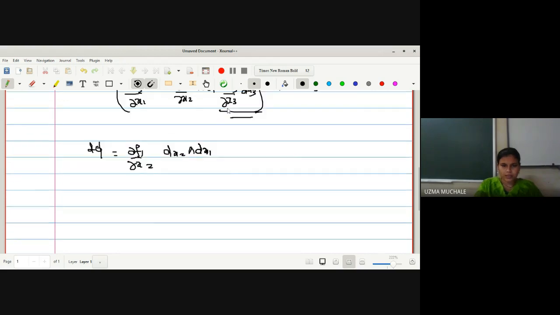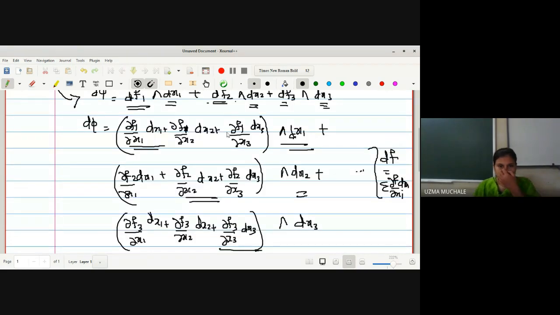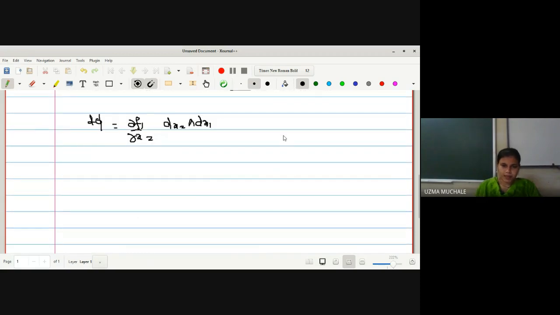Next term, f1 with respect to x3, dx3 wedge product with dx1.